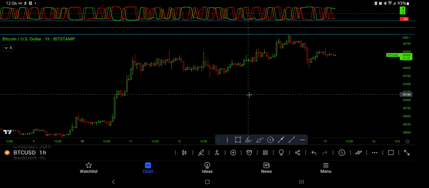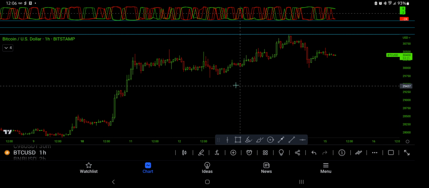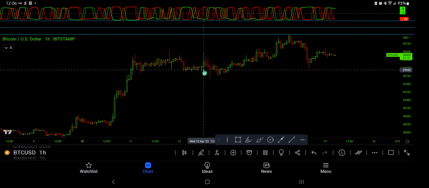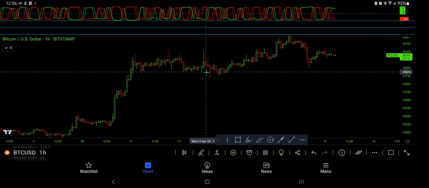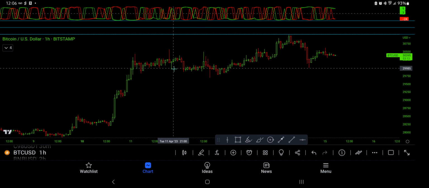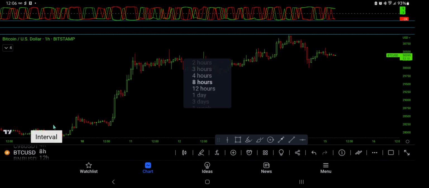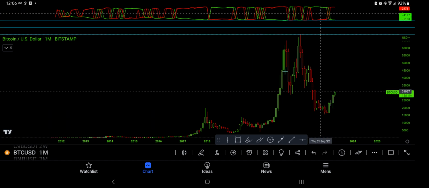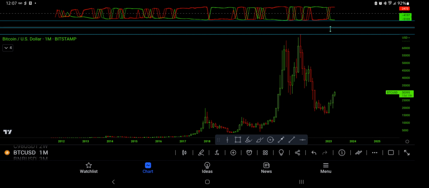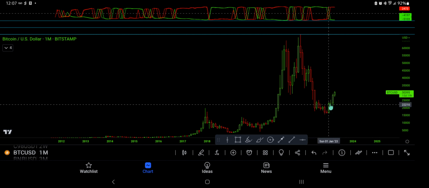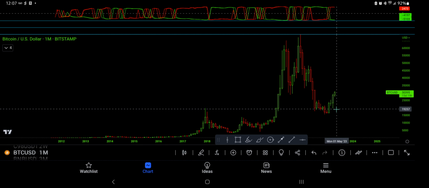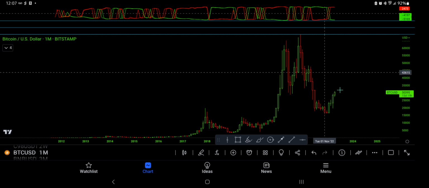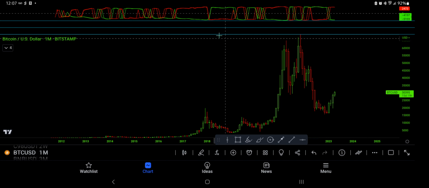Alright, so I think the last color I used was red. So I'm going to start with the bearish crossovers. And again, we're on the 1 hour. You'll start to see that the smaller time frames become slightly more accurate because you're not measuring such a large movement. So on here, let's go to the monthly, right? You can have a green line down and still have massive drawdown throughout a few months, and that wave will still be valid.